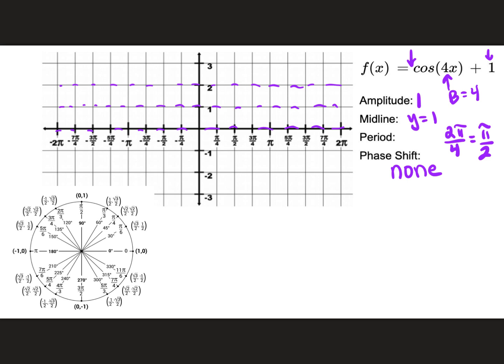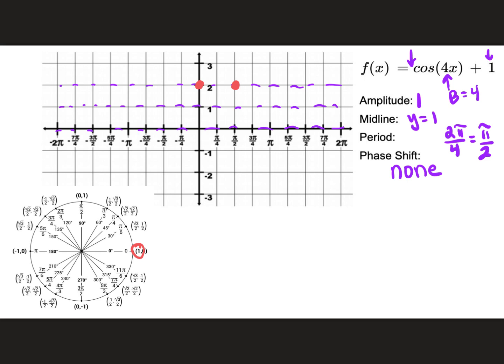Okay, let's talk about the period. So the period is pi over 2. We know that the cosine is going to start at 1, which is our maximum. In pi over 2, it needs to complete 1 trip around the circle, 1 cycle. So at pi over 2, it's going to have to be in that same position.